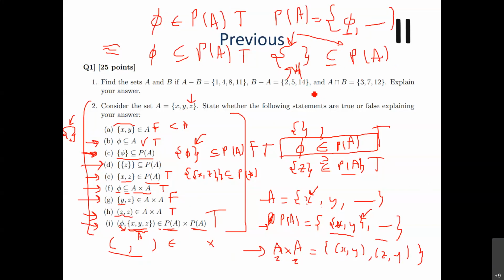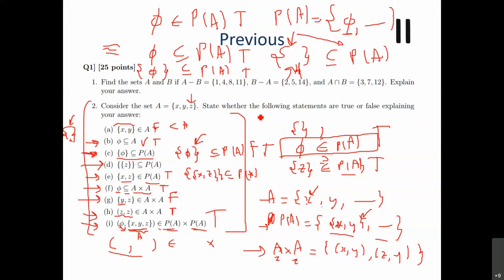Why didn't we place it in a curly bracket? You mean like this? So the set containing phi, is it a subset of P of A? You can write it. That just means something else.